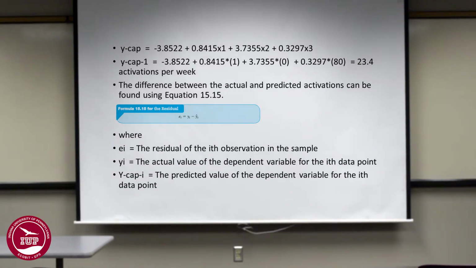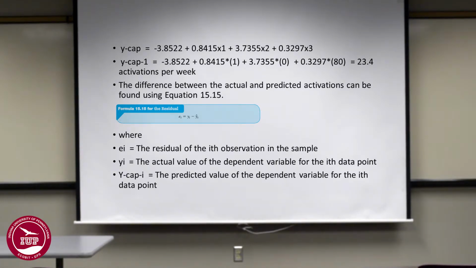Y cap equal to 23.4 activation per week. The difference between the actual and predicted activation can be found using equation 15.15, where ei is the residual of the ith observation in the sample. yi is the actual value of the dependent variable for the ith data point.